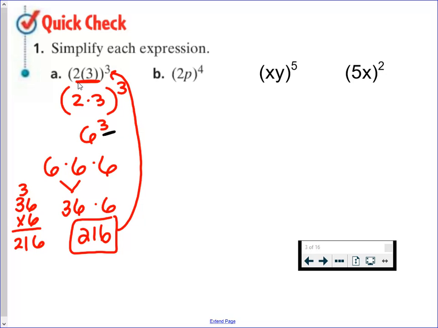Now, of course, we don't always just have numbers. Variables mix in. Of course, variables mix in. This is 7th grade. So, the second box, 2 times p to the 4th power.